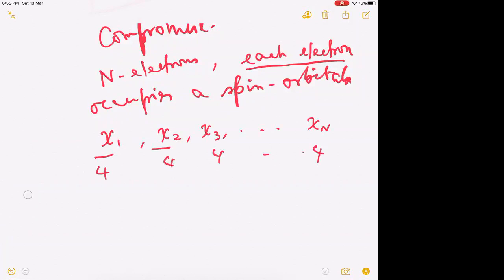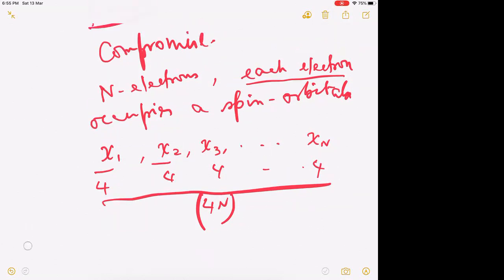If you add up, this is a 4n-dimensional problem. So as you can see, the problem is no longer as simple as DFT originally assumed, but it is almost as simple as Hartree-Fock. Hartree-Fock has exactly the same feature, that each electron occupies a spin orbital. So it became as complicated or as simple as Hartree-Fock, but certainly, again I'm repeating, not as simple as the original formulation of DFT.